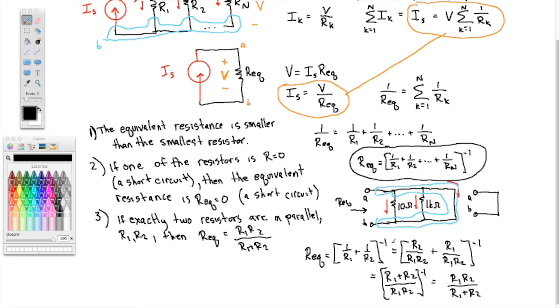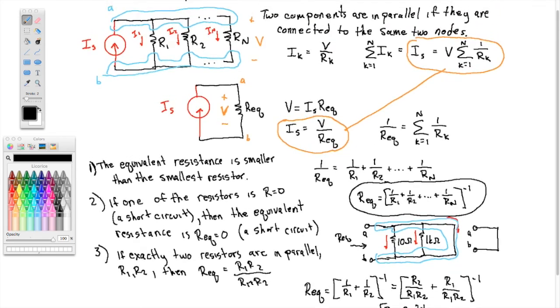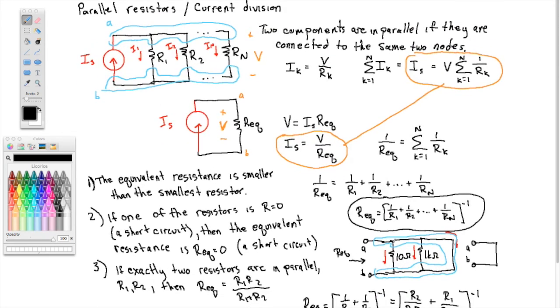Okay, now I'm going to erase this. Now suppose we had 2 resistors in parallel.